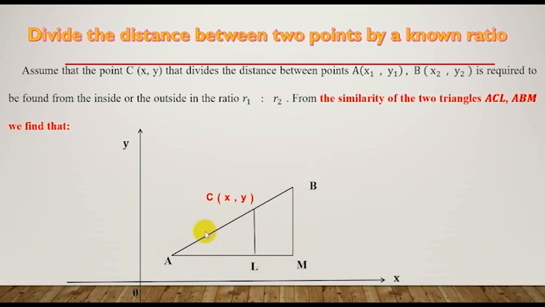So we have this one and that one. This is the dividing point, giving me the ratio R1 and R2, which means maybe this ratio is 2 to 1, 3 to 1, whatever.